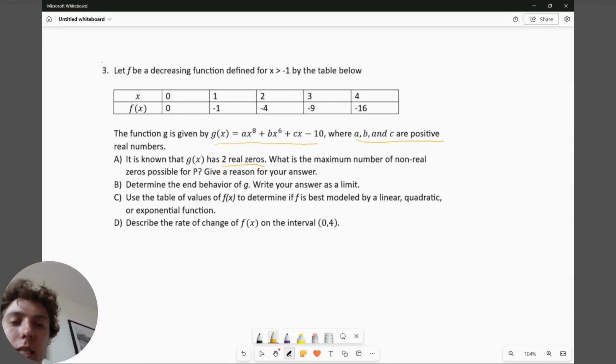Well, since this is an 8th degree polynomial, we know that there is 8 zeros between real and complex. So in this case, we already have 2 real zeros. So that means we're going to have some sort of imaginary zeros to give us a total of 8 zeros overall. So these are the real ones.